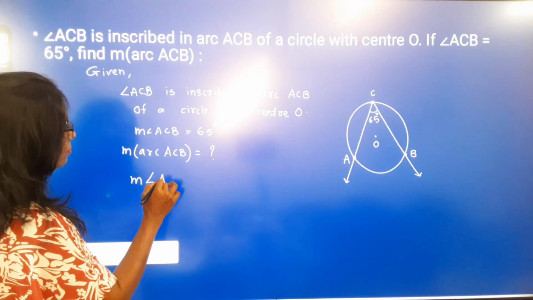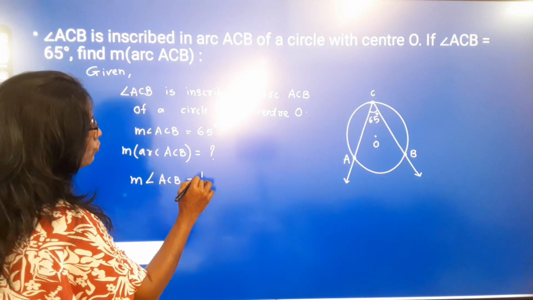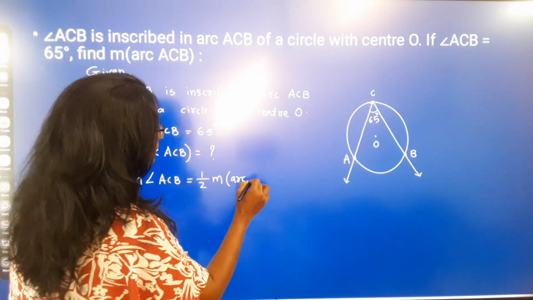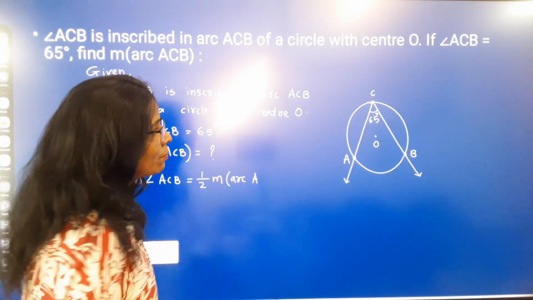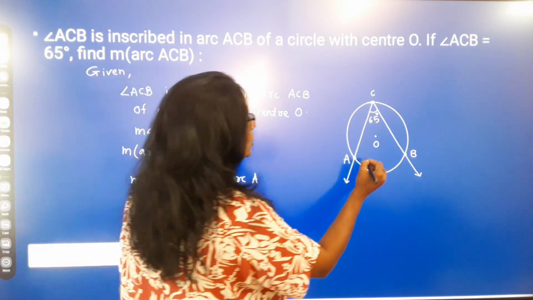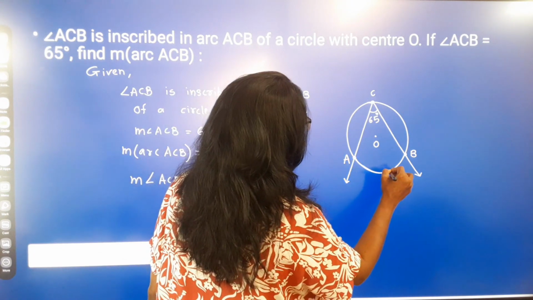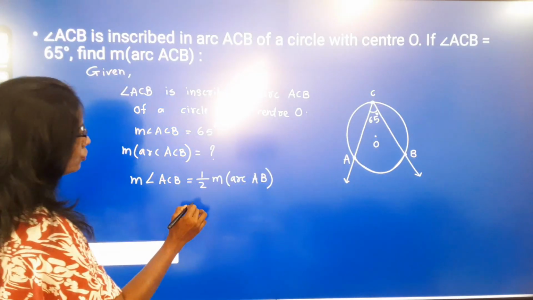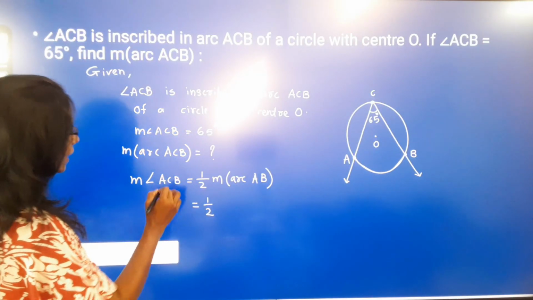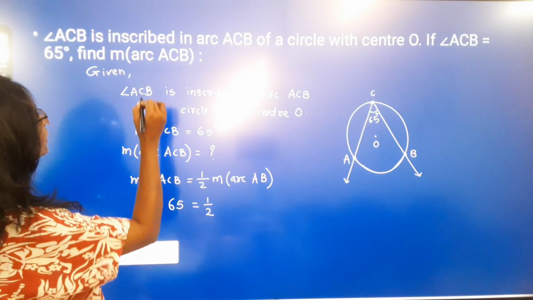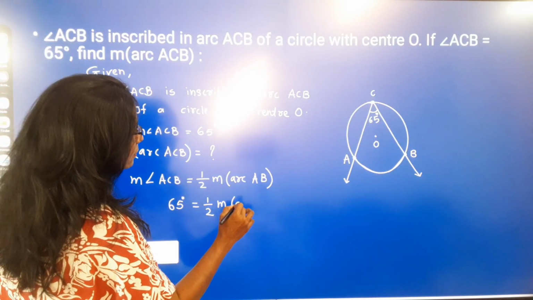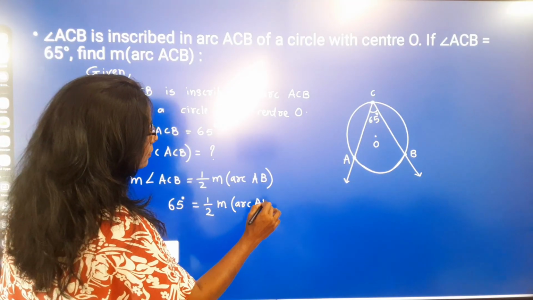angle ACB is equal to half of arc AB. Okay, arc AB. So now here 65 degree is equal to half of arc AB.